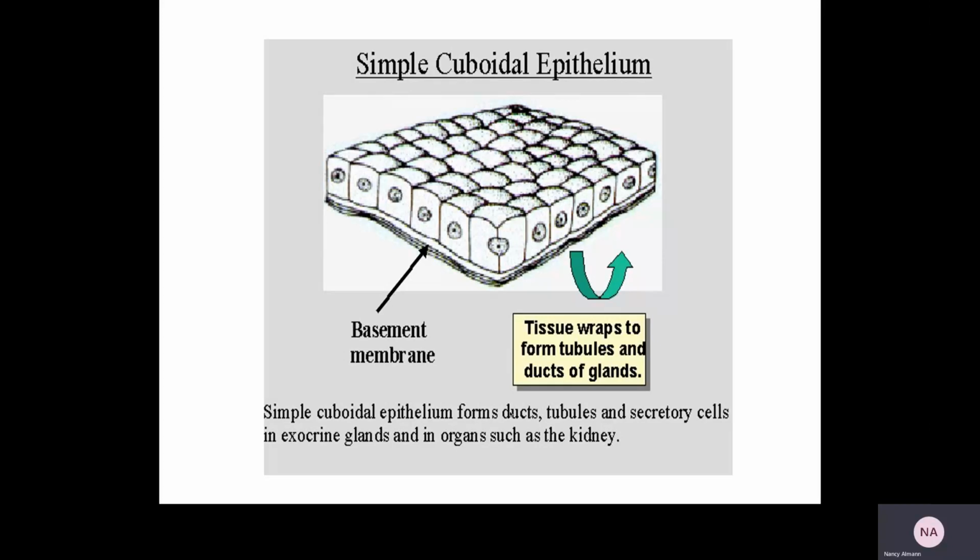So these guys have more cytoplasm, but not as much as simple columnar epithelium, which means that you can still move material through them fairly quickly, but you don't have a lot of cytoplasm which you would require for processing.